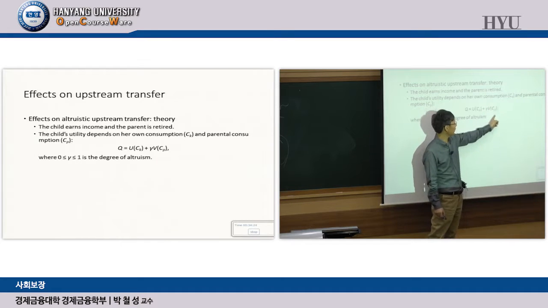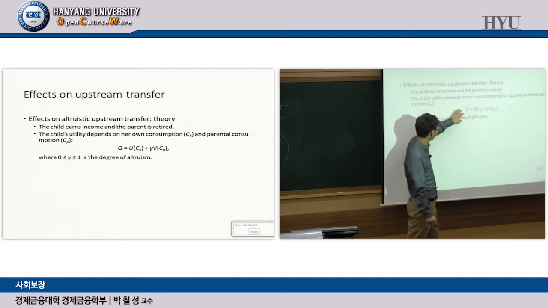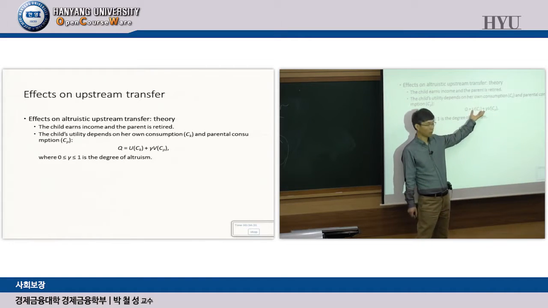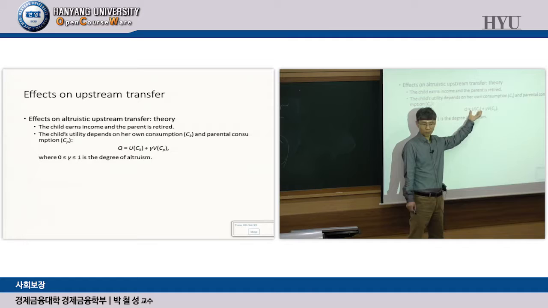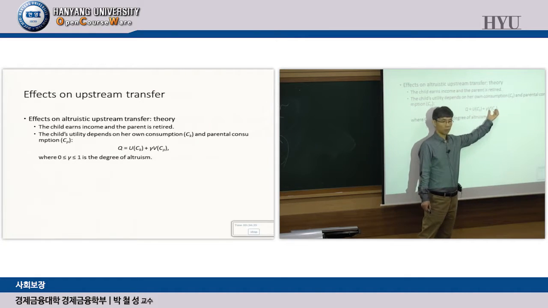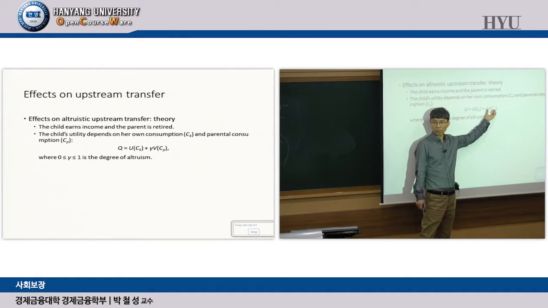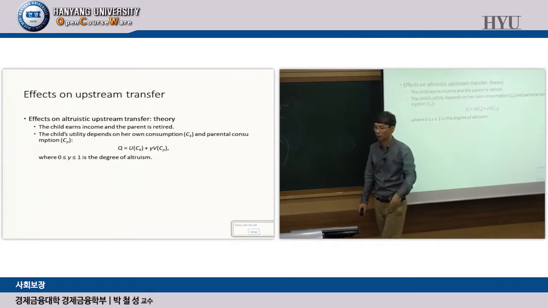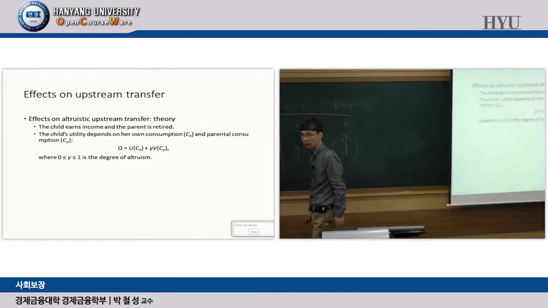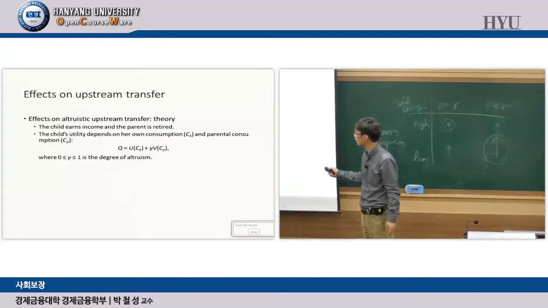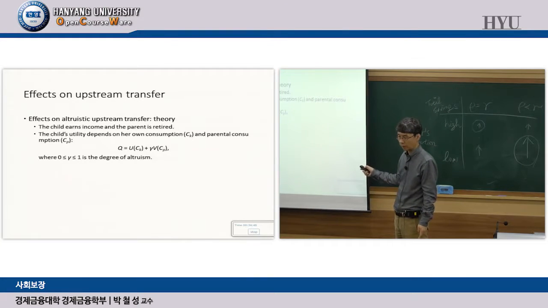V(CP) is the parent's utility. The child cares about her own utility plus the parent's utility. That's why we call this child an altruistic child, because the child cares for the parents' welfare, the parents' utility.